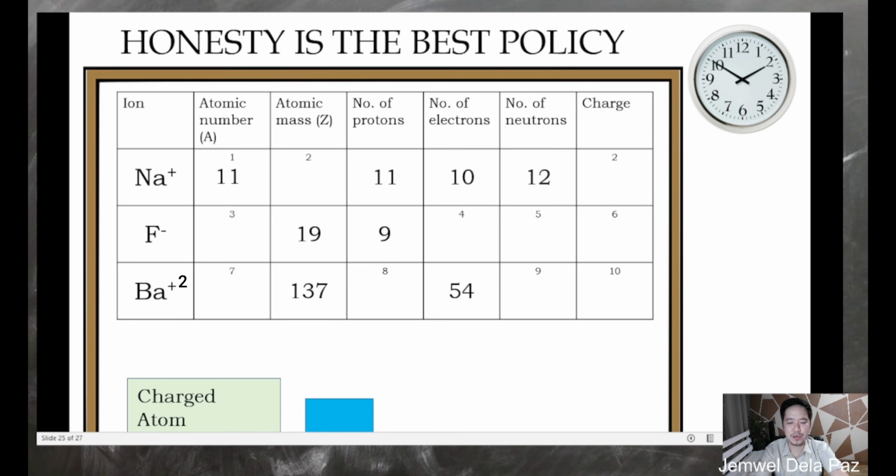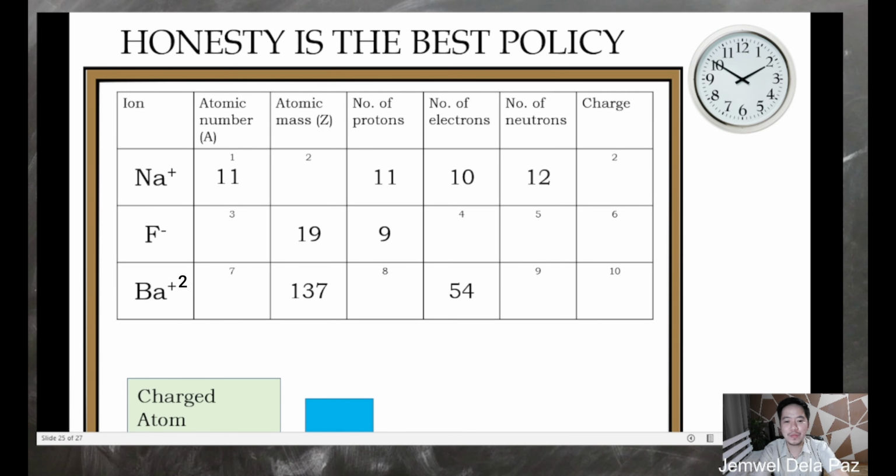Since this is a cation, the main principle is it released 1 electron. Why 1 electron? As you can see, the notation says Na positive. It is equivalent to Na positive 1, meaning sodium became charged because it released, donated, gave off 1 electron.